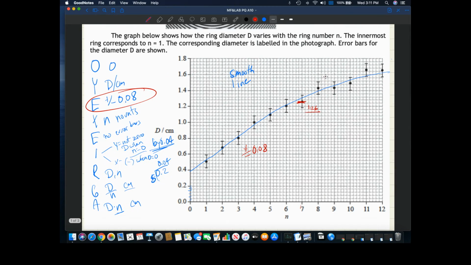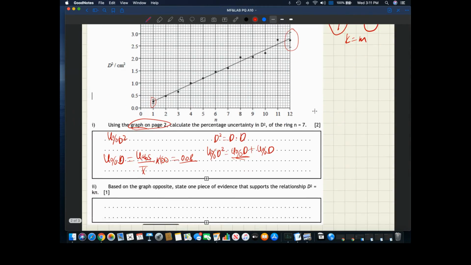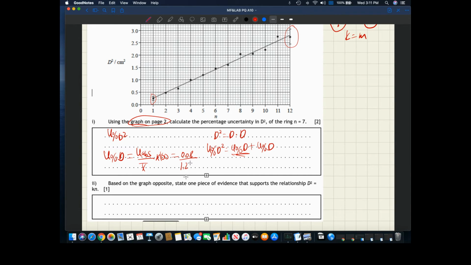And let's just check that again, 1.26, 0.24, 0.28, and it's about halfway, so 1.26. And that works out to be 0.063.